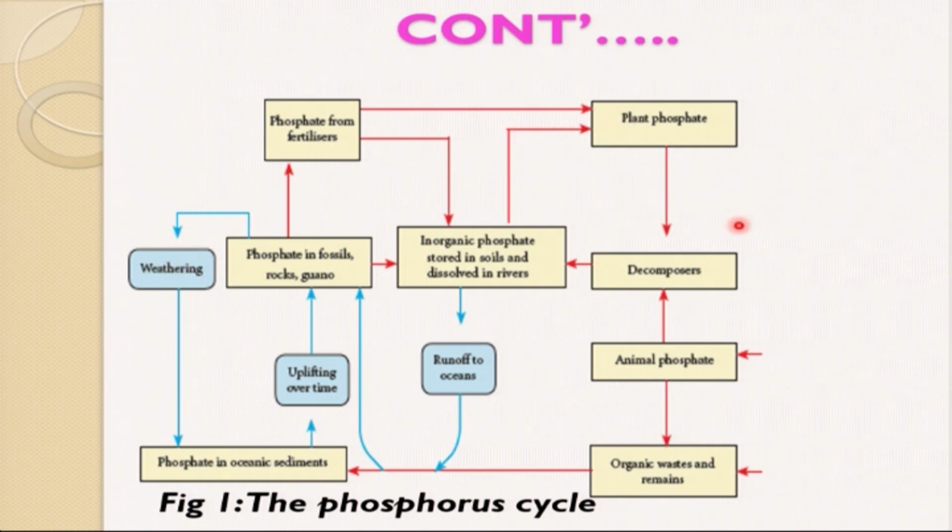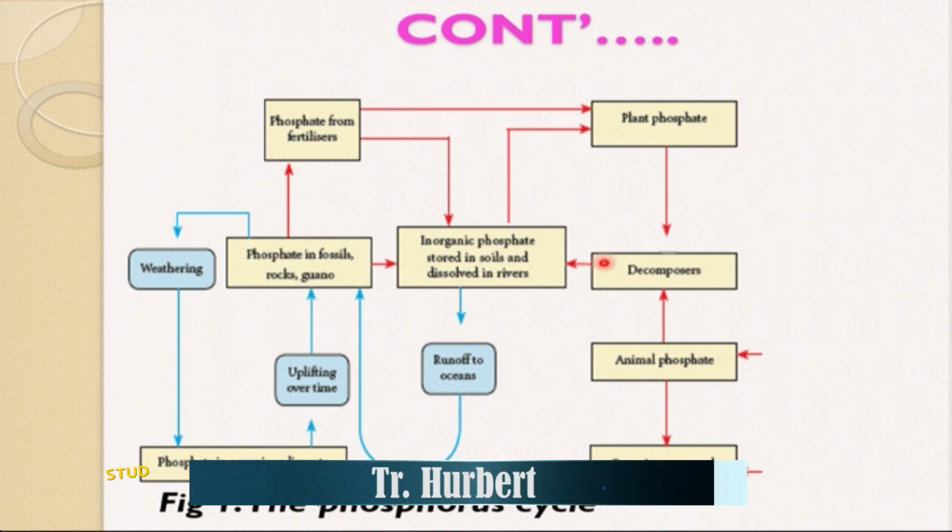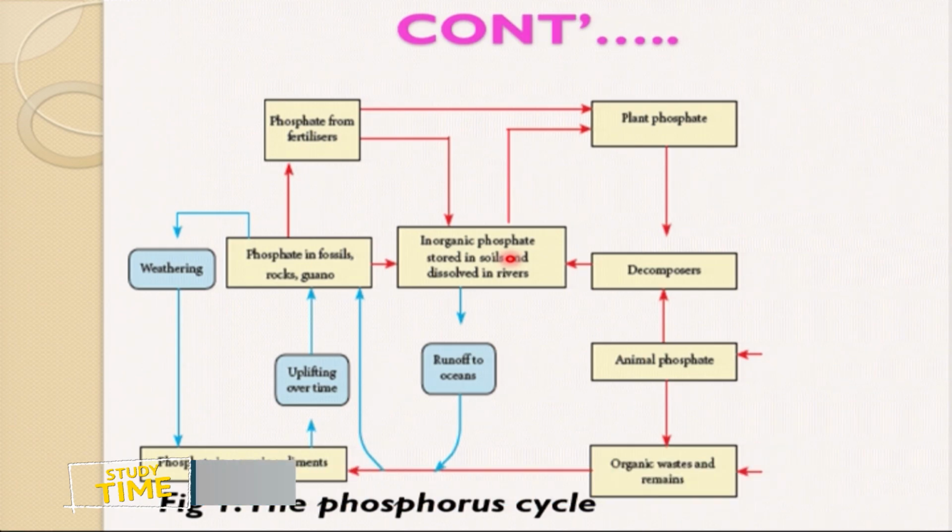We have another process, decomposition. I said decomposition involves converting organic phosphate into inorganic phosphate, which is stored in the soil. This is done by bacteria. As I mentioned about these excretory products, take an example, plants and animals die, they decompose, and they contain phosphorus, which can be converted into inorganic phosphate and stored in the soil and dissolved in the river.